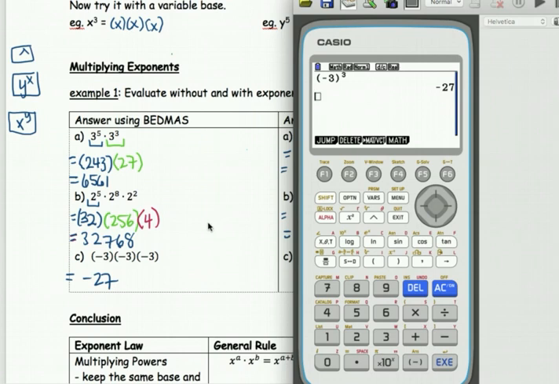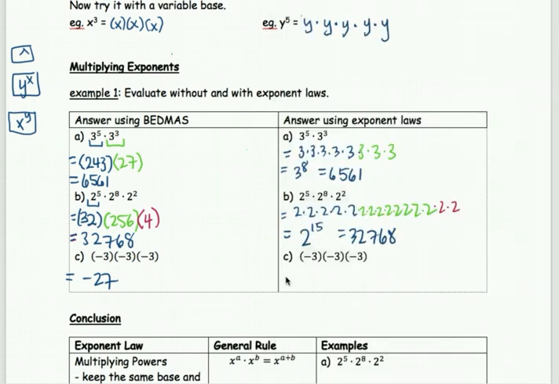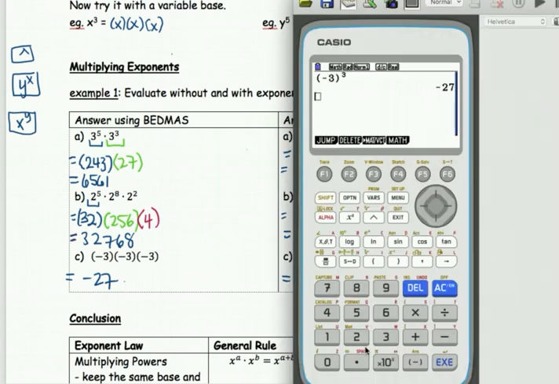So that was nice and easy. But here, if you are just quickly simplifying it, that's what you need to do. Over here, what you would have done on your calculator is go -3 times -3 times -3, so it's annoying, right?